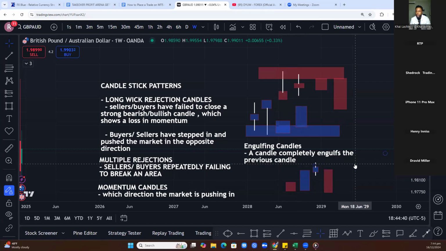So very simple. Love to see those types of candlestick patterns where we have a big engulfing candle taking out the previous sell or buy candle. Very simple concept. Anybody didn't understand? Everybody's clear on what engulfing candles look like?